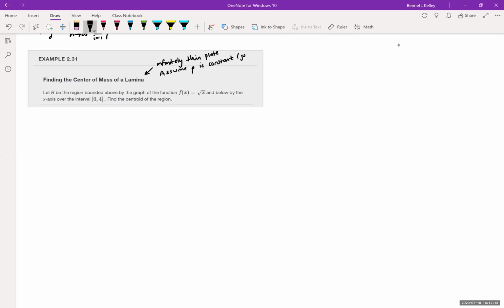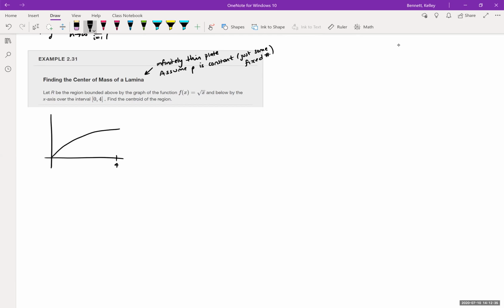So it's just some fixed number. Could be 10, could be 0.1, whatever. So we have a region f of x equaling root x, with the x-axis below. Okay, so what we want to do is always graph our region.